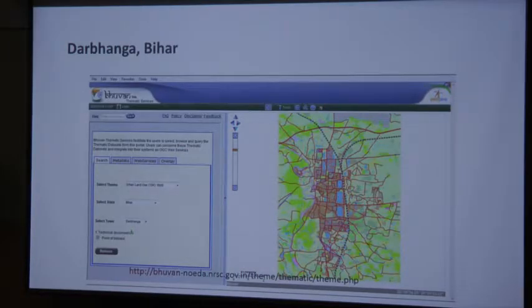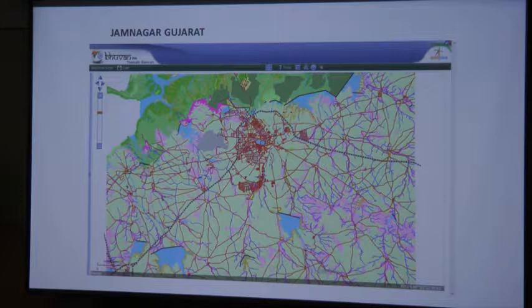Darbhanga in Bihar, which is, in our vocabulary or in our definition, a small town. To see Darbhanga being represented here was impressive to me. Jamnagar, Gujarat, another, these would all fall as secondary cities in India.